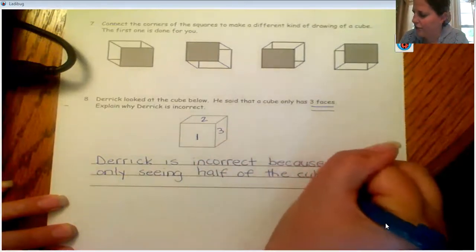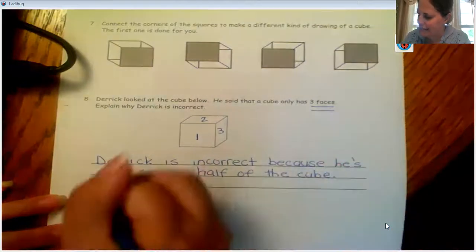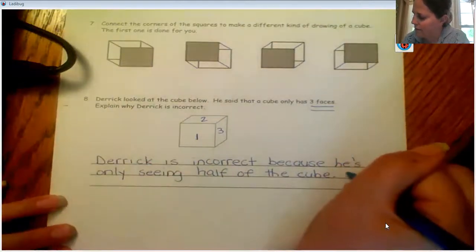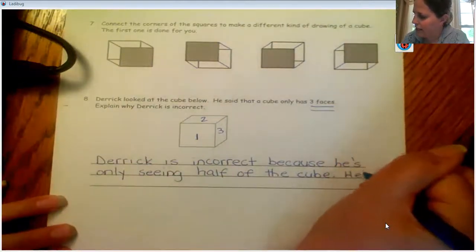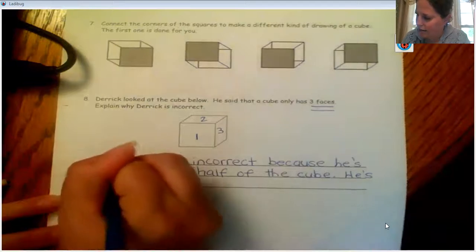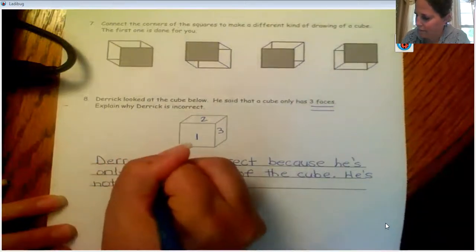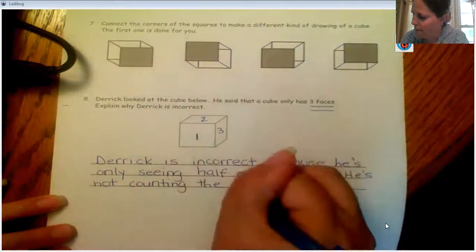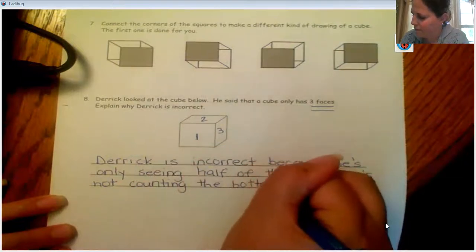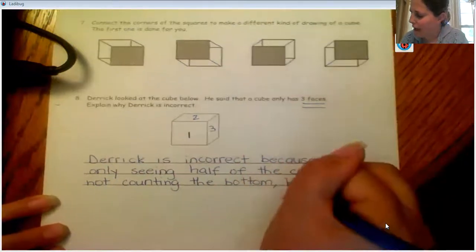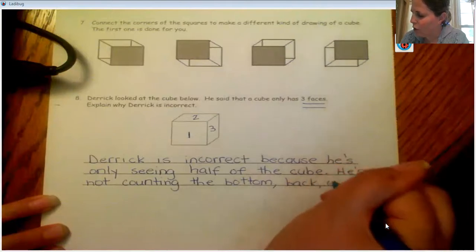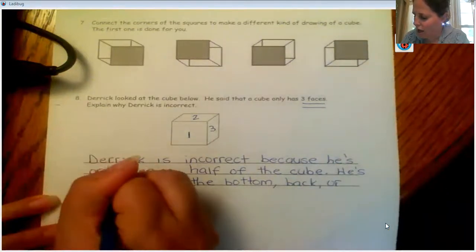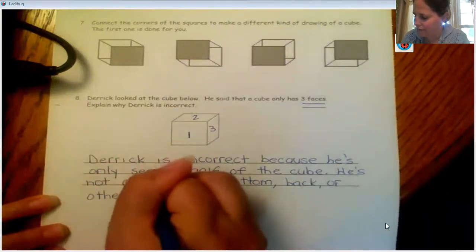And if I wanted to add an extra sentence, he's not counting the bottom, back, or other side.